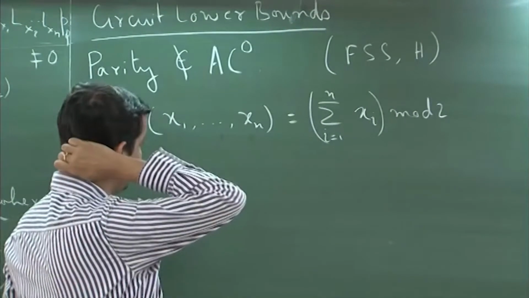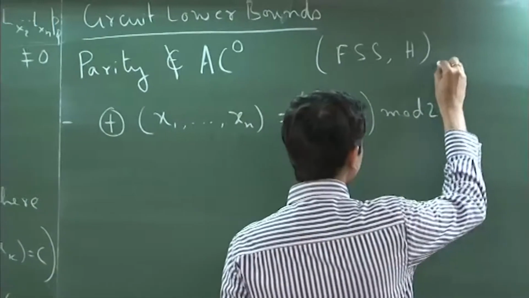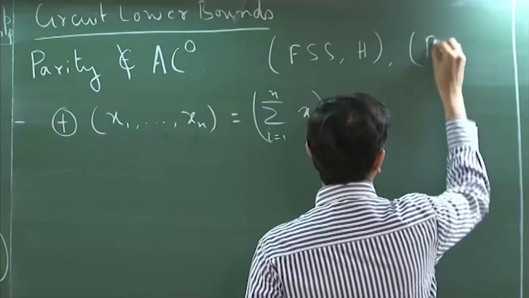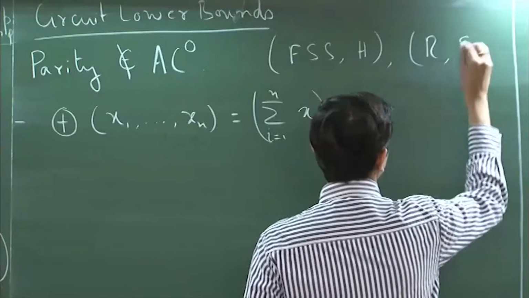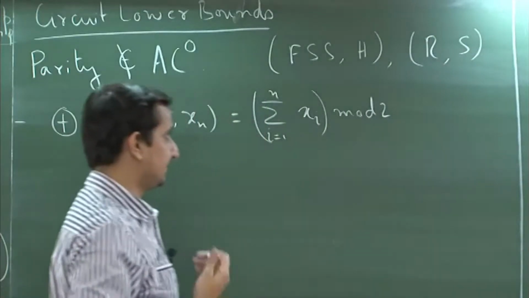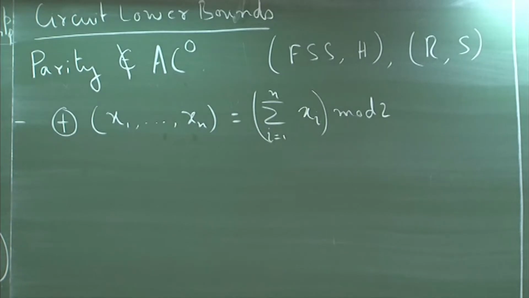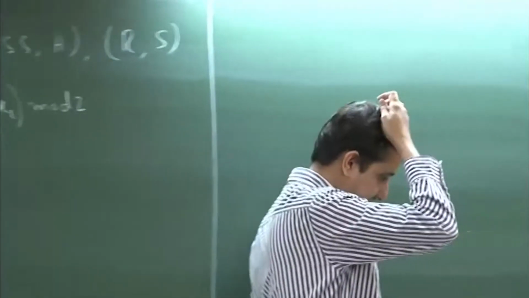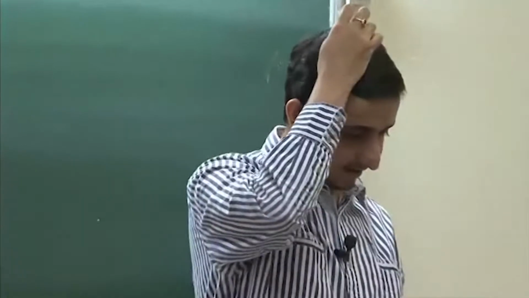The proof that we will look at is one that was given by Razborov and Smolensky in the late 80s. The idea of this proof is that they argue in two parts.